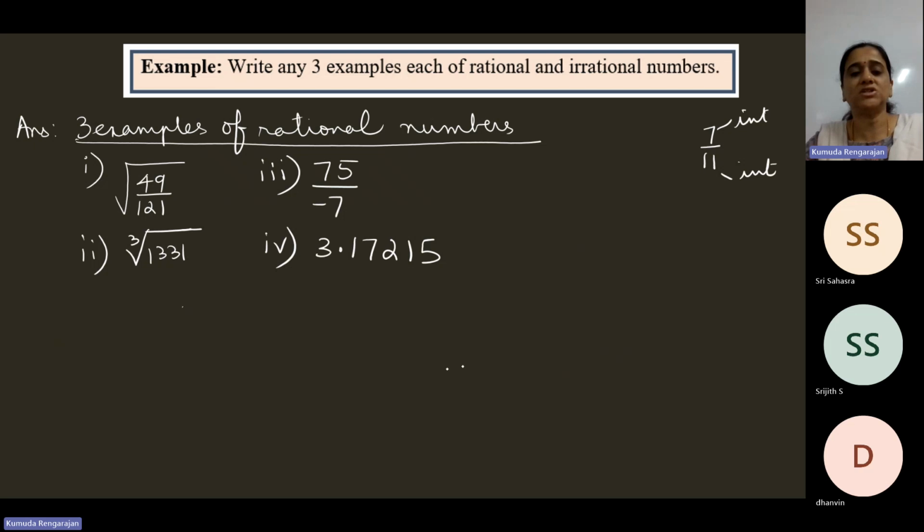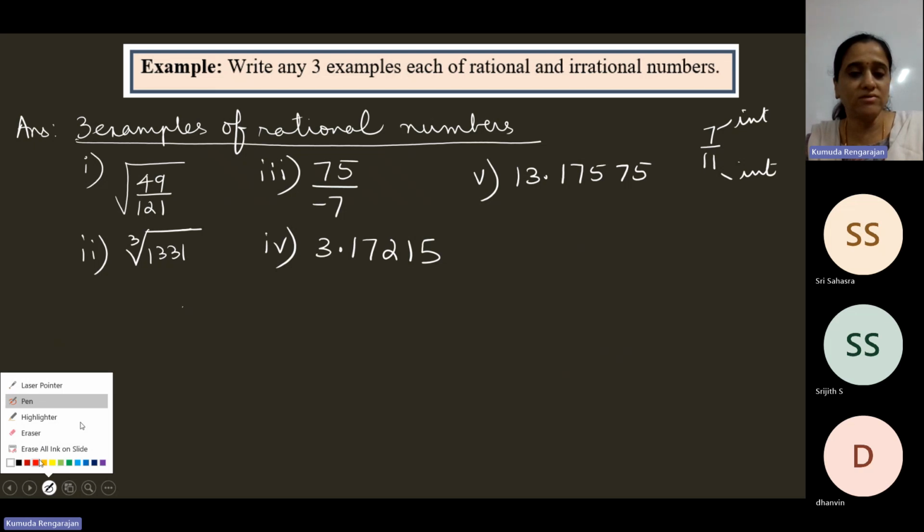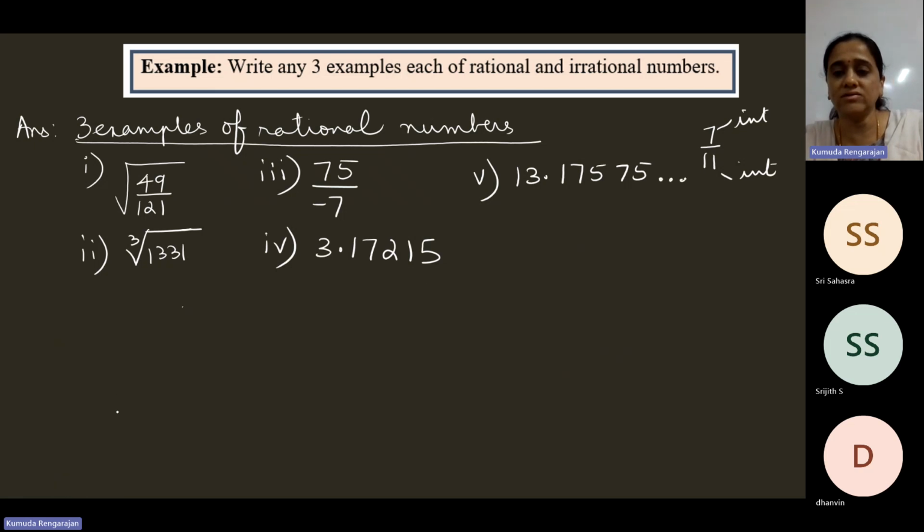That's all. Rational number. Or you can write, say, 13.17575. You can put the dots like this, or you can write 13.175 recurring.